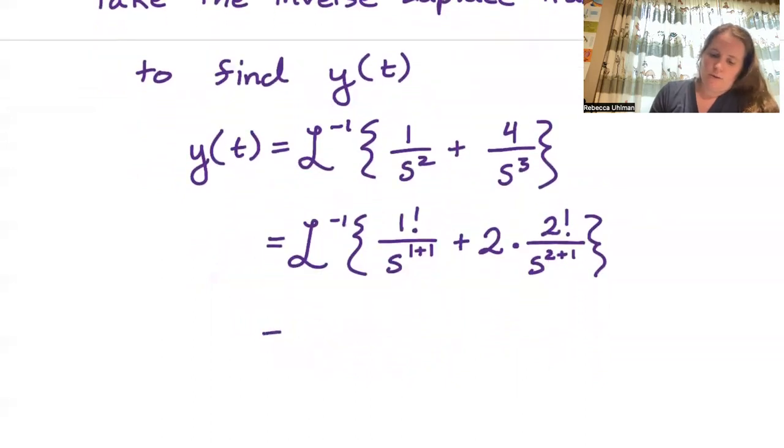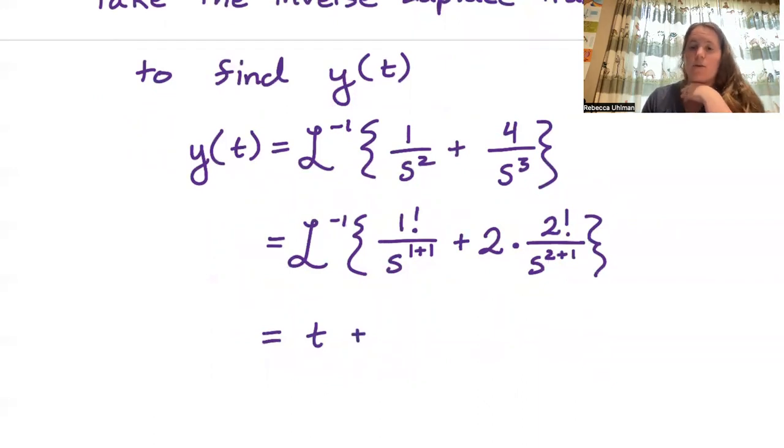Taking both those inverse Laplace transforms, that 1 factorial over s to the 1 plus 1 is just t. And the 2 times 2 factorial over s to the 2 plus 1 is just 2 times t squared.